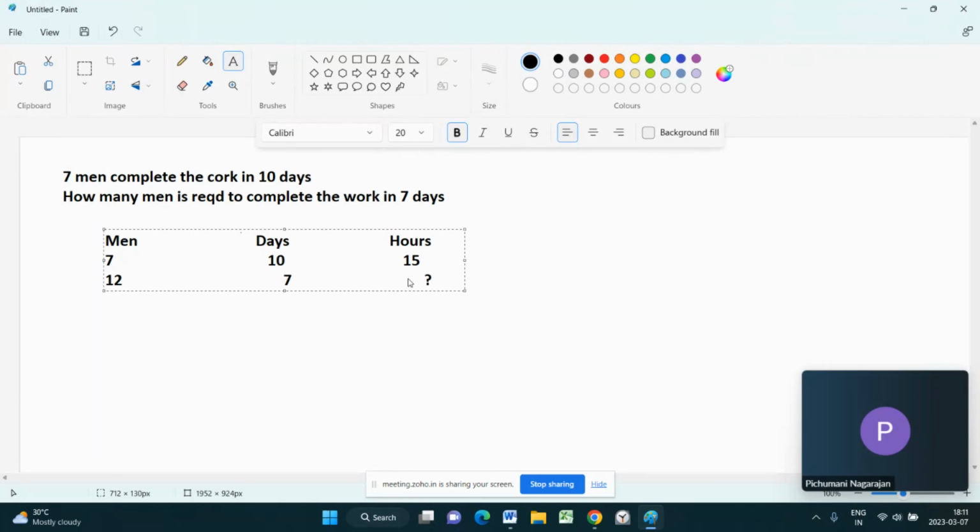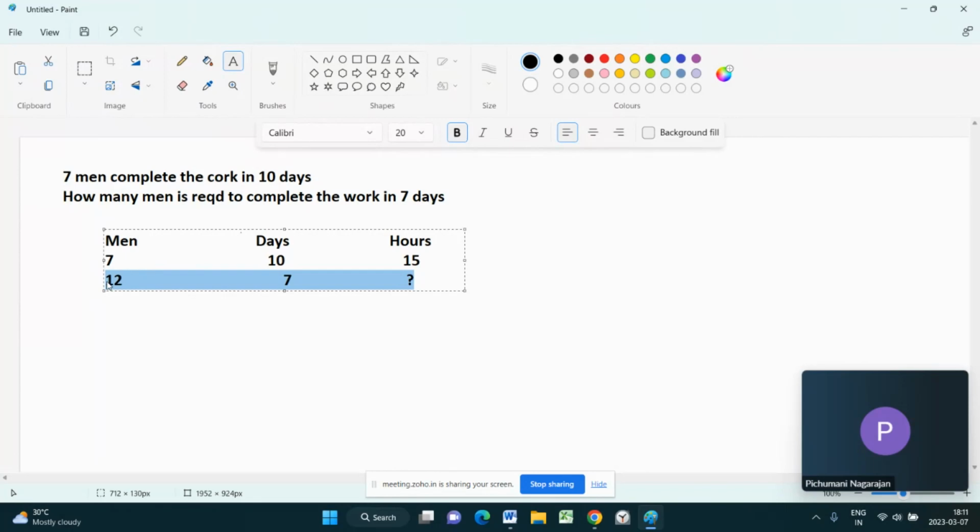In the sample given, there should be two or more than two elements. So far we have seen 2 elements, men and days. Now we are including a third element called hours, because we can have more than 2 also. Again you have 3 elements. In the first part you have data for all the elements. In the second part you have data for 2 elements but not the third element. One of the elements, the data is missing.